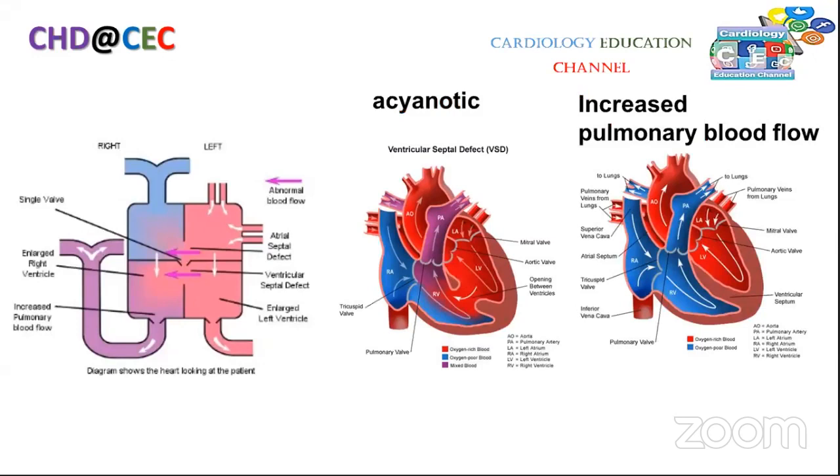It means that the lung and the pulmonary artery are receiving blood from the normal pathway on the right side and another abnormal pathway from the left side. And it goes without saying that these patients with increased pulmonary blood flow do not have cyanosis.